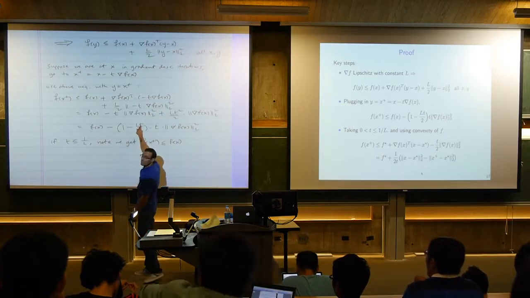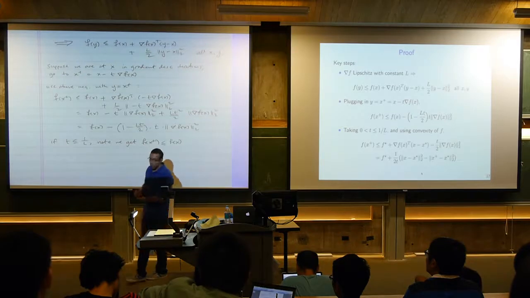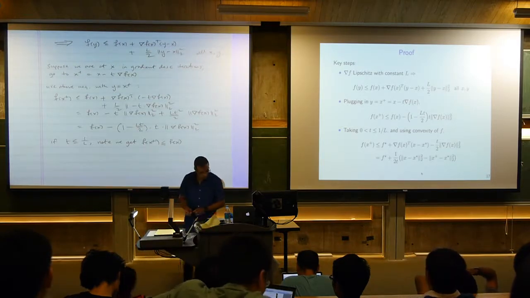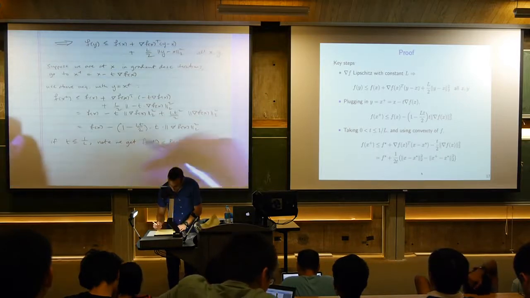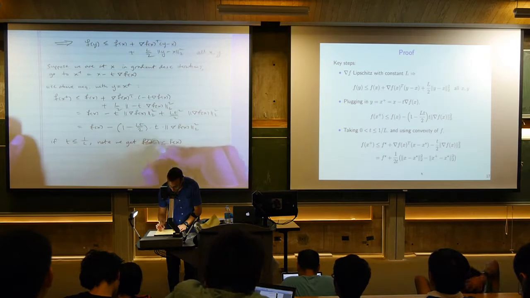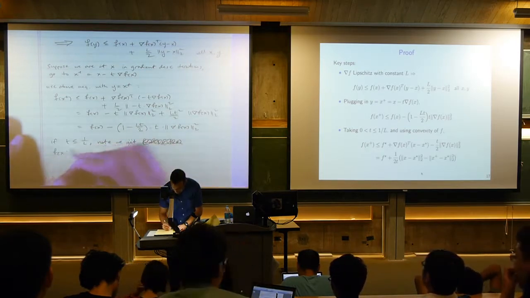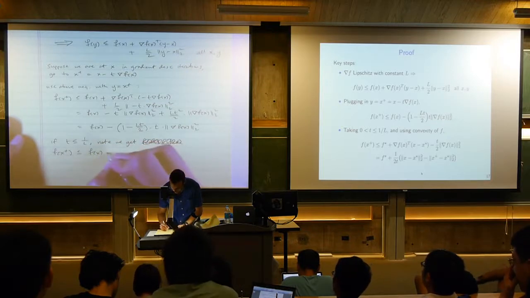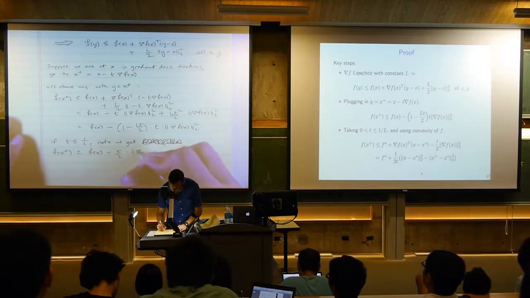If I take t to be less than or equal to 1 over L, then in fact we get even better than this. Let's write down what we get: f of x plus is less than or equal to f of x minus t over 2 times the norm of the gradient squared.